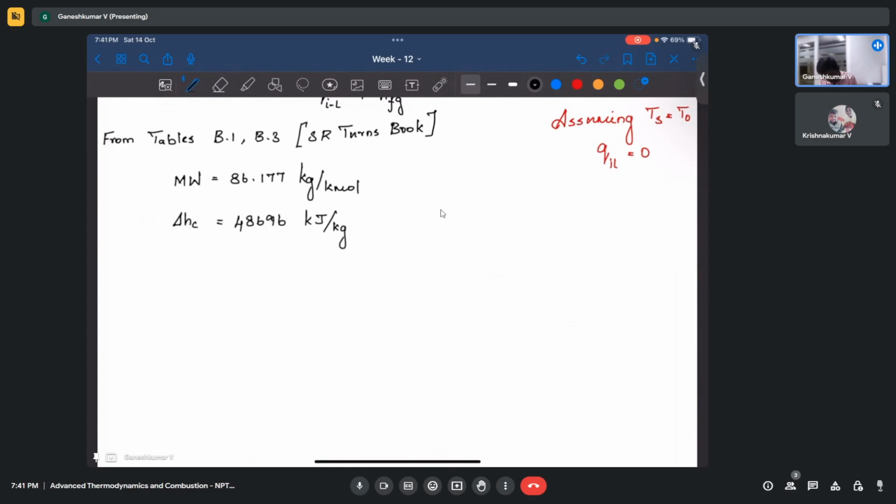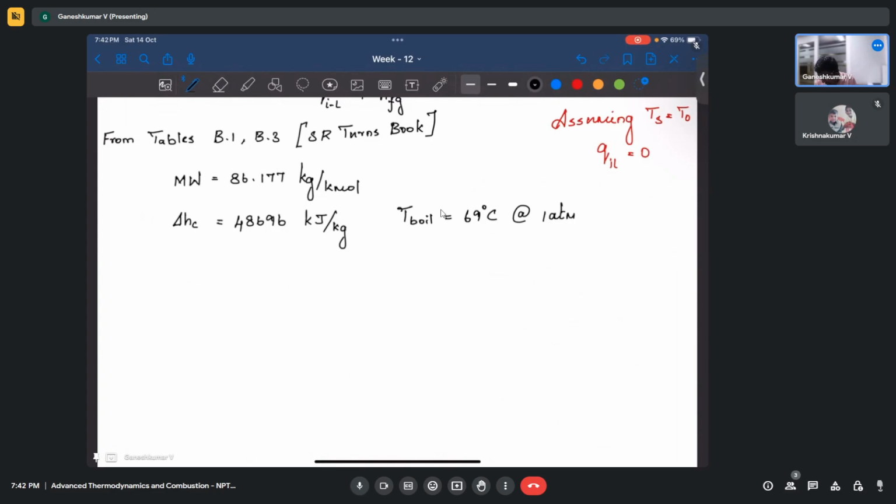And we have the boiling point, but I think this boiling point is for 1 atmospheric pressure. We need to find the boiling point for 10 atmospheric pressure. That's where we are going to use the Clausius-Clapeyron equation. So the boiling point is 69 degrees Celsius at 1 atmosphere.